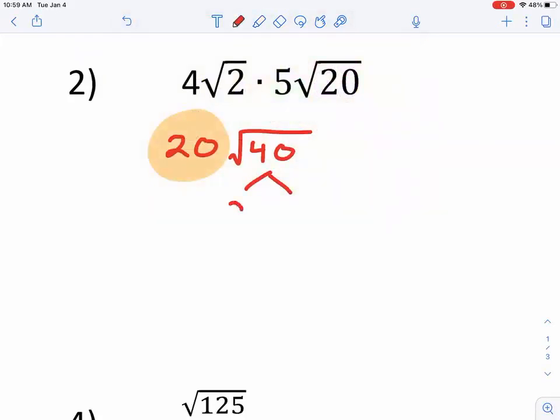So I know that 40 is even, right? So I'll make that 2 and 20. I'm going to make 20 2 times 10. And I make 10 2 times 5. And now I'm down to all prime numbers.